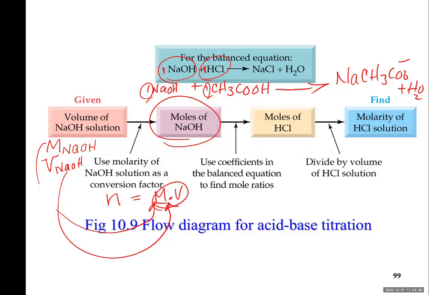So if you have moles of NaOH, can you calculate moles of the acid? Yes. You see, moles of the acid is 1-to-1. It's the same as moles of NaOH. You already have moles of NaOH here. So now you have moles of the acid. Now your acid is acetic acid.